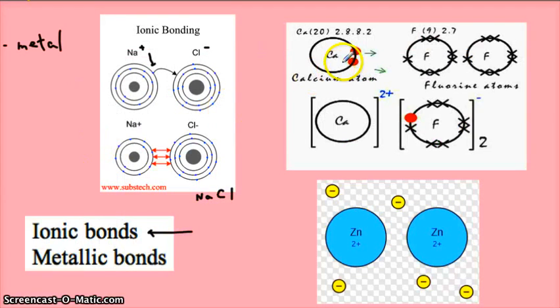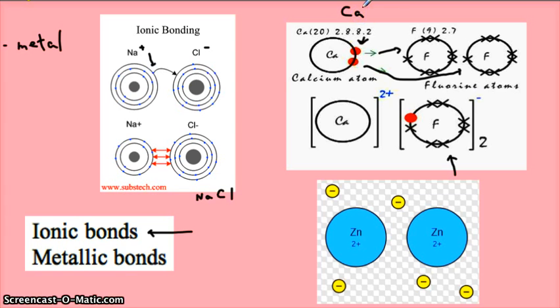So here's what happens. You have the two electrons that want to fly away from calcium, and one of them will go to one fluorine, and one of them will go to another fluorine. It's kind of like H2O: you have Ca and two of the fluorines right there.